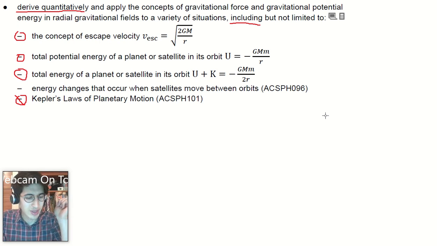Now, we know that at infinity, your gravitational potential energy is equal to 0, right? And we know that from objects being thrown up and down, when you throw it up, it starts moving up with a lot of kinetic energy. It loses all that kinetic energy and it turns into gravitational by the time it gets to the top. And then it usually comes down again, losing that gravitational and gaining kinetic energy back.